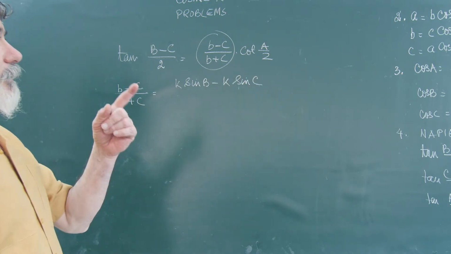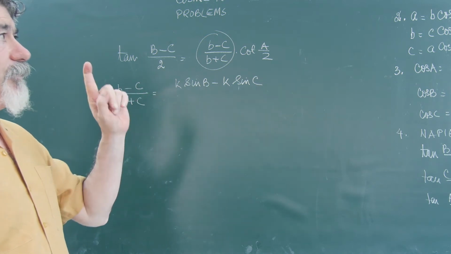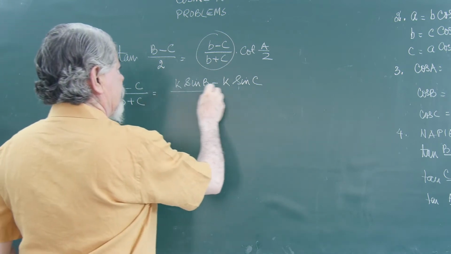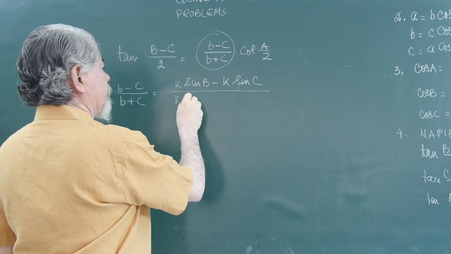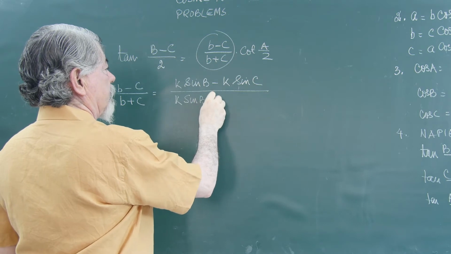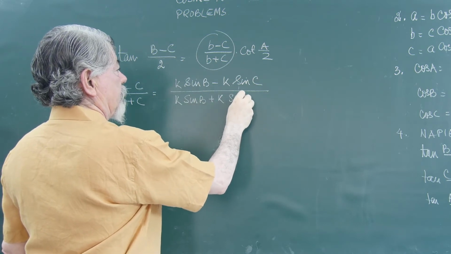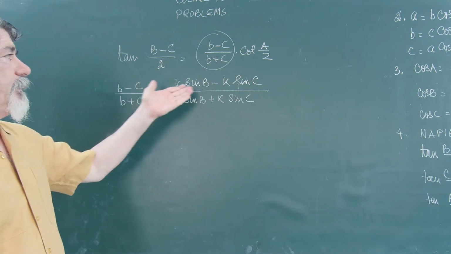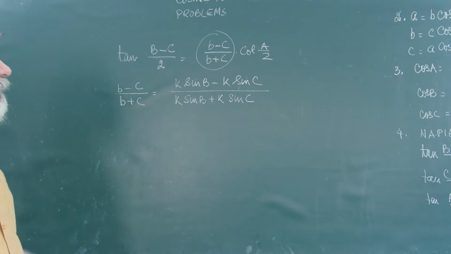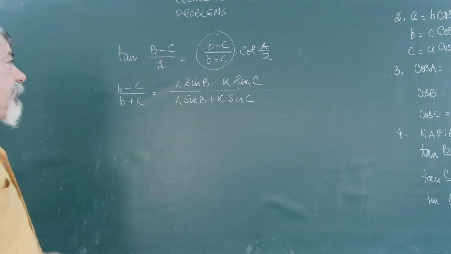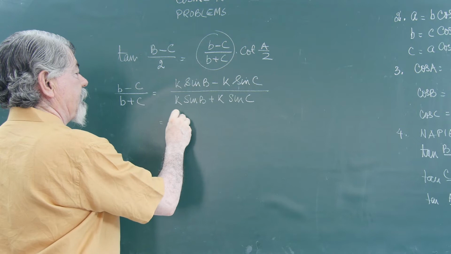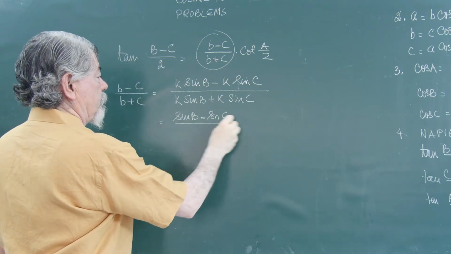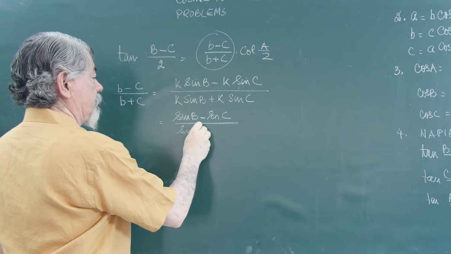So b will become k sine B, c will become k sine C. Similarly, in the denominator, I have k sine B plus k sine C. Now I can remove k, because k can be taken common in numerator as well as in denominator, and they will cancel with each other. So you will get sine B minus sine C upon sine B plus sine C.